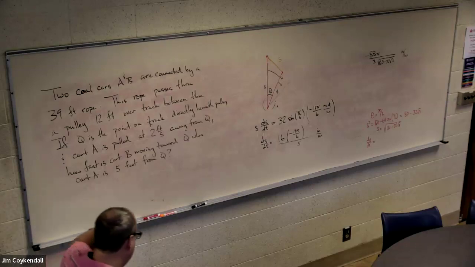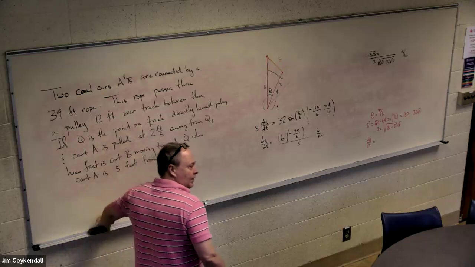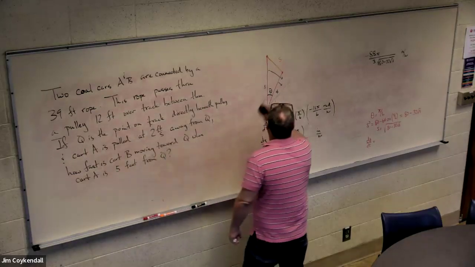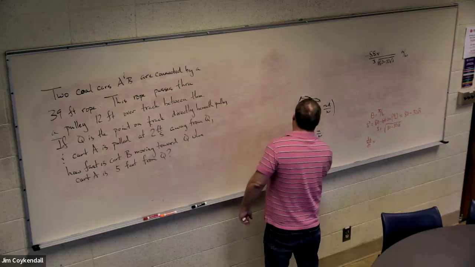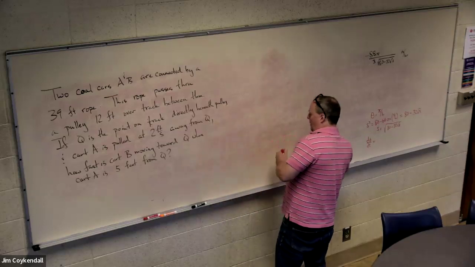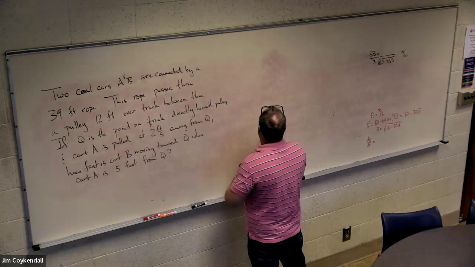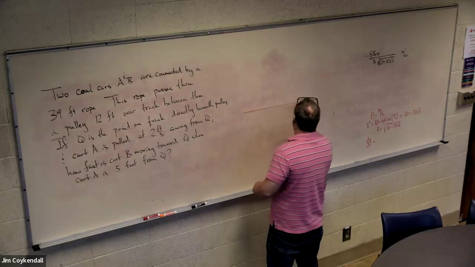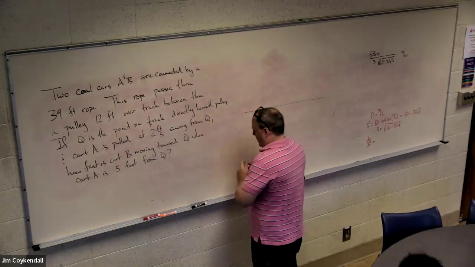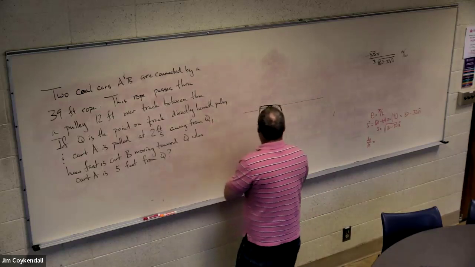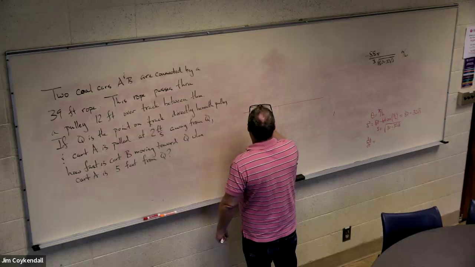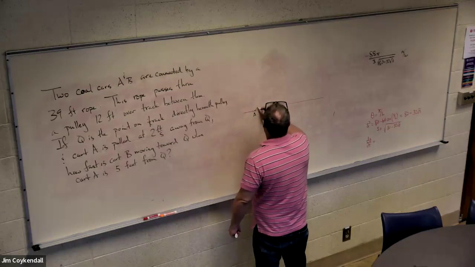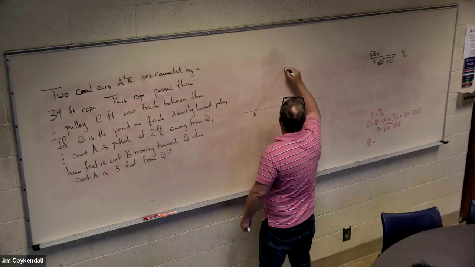Okay, again, I think this is definitely one where we can draw a picture. We've got a couple of coal cars set on the track, connected by a pulley.